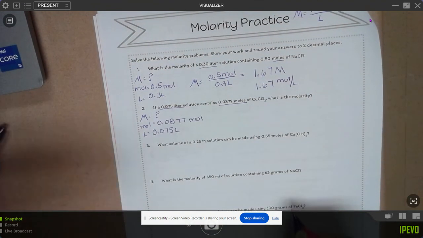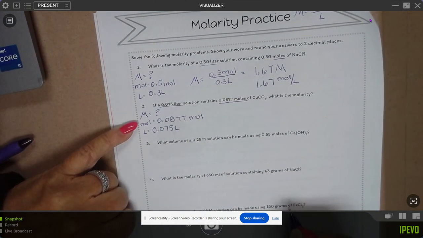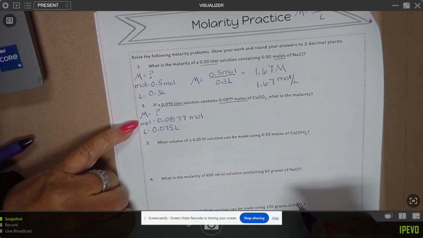So again, this is a pretty straightforward one. We're just plugging the numbers into our molarity equation. Molarity is moles of solute divided by liters of solution.